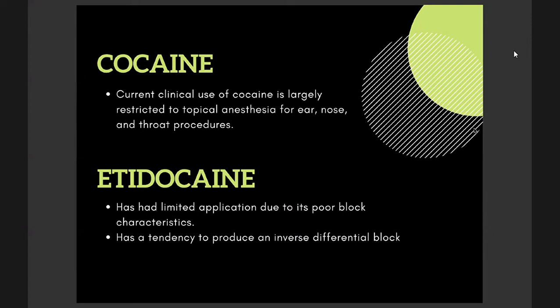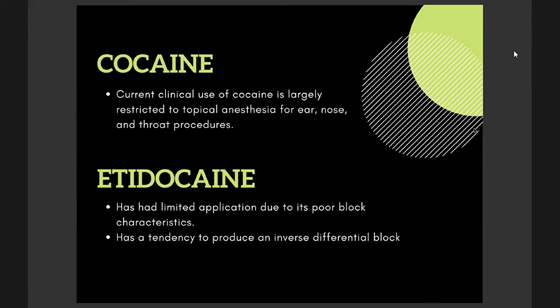So actually, cocaine, being the first local anesthetic, was discovered by Dr. Carl Koller. Dr. Koller is an ophthalmologist, and he noticed the anesthetic effect of cocaine. When he instilled cocaine into the conjunctival sac, he was able to produce a numbing effect of the cornea.